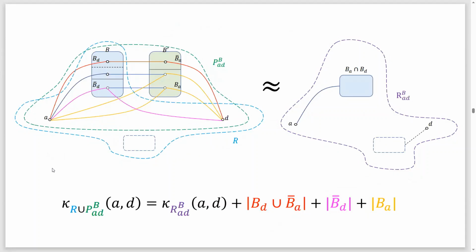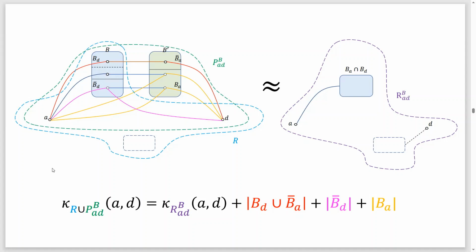Okay, so let's go on with our filter. First, what we call something in the paper above is generally this one. It is the size of BD cap BA bar. I'm sorry, here's a mistake. And also the pink one, which is BD bar, and also the yellow one, which is BA.